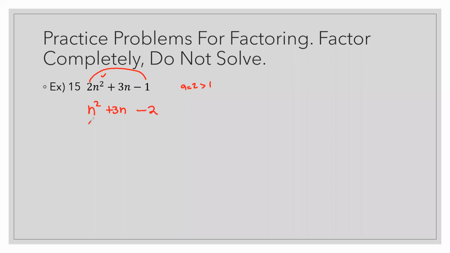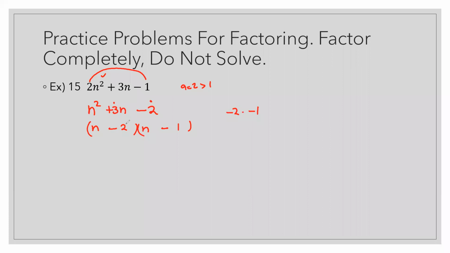Okay, and then from here, just do simple factoring. So this is n, and then what two numbers multiply to negative 2, and when added give you 3? That would be positive 3, right? So you need a positive 2 and a negative 1.